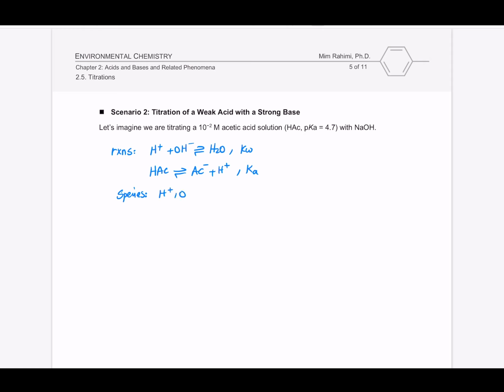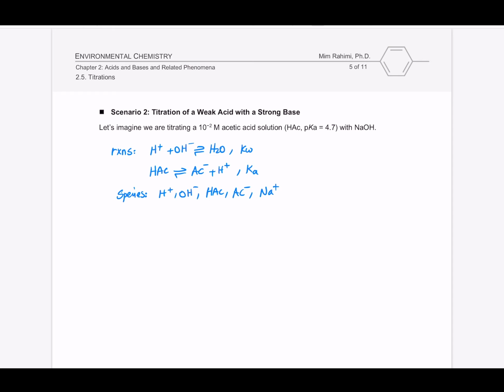Exactly. And we're bringing sodium into the system also, from sodium hydroxide. The reason we don't have any further reaction is that sodium is not reacting with any of the species here. Partially, it might react with Ac minus, but we're ignoring that, though in reality it might. Some of it would react with Ac minus.